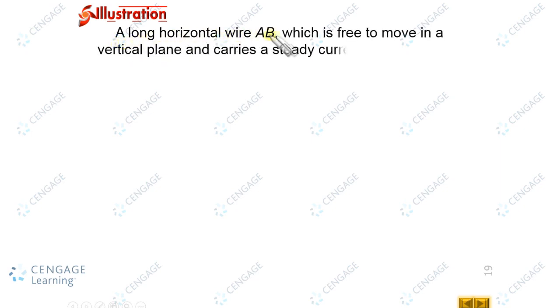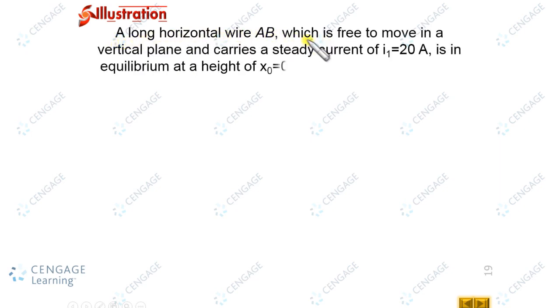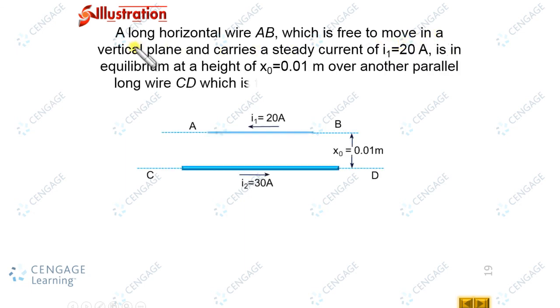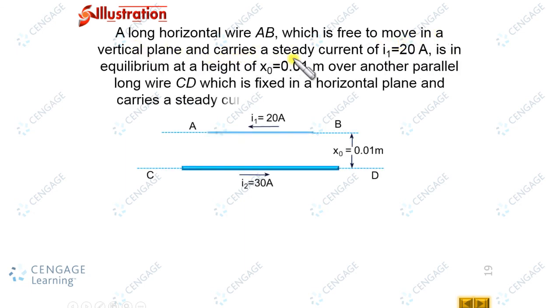In this illustration we are given a long horizontal wire AB, which is free to move in a vertical plane and carries a steady current of I1 equal to 20 ampere in the leftward direction.